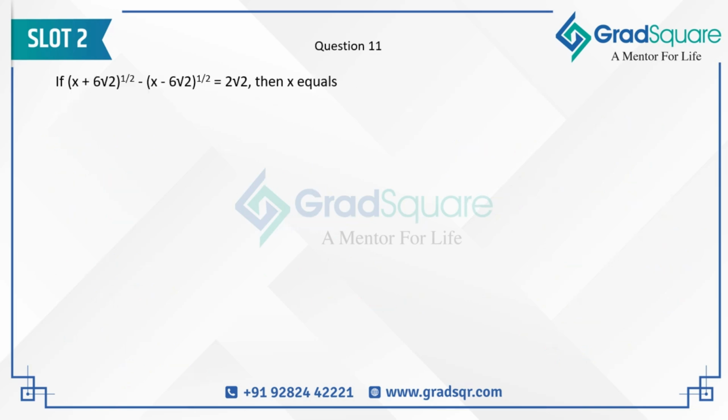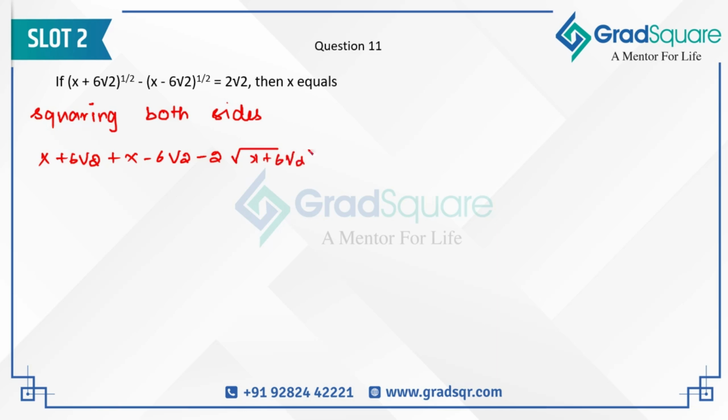Now in this question, we are required to calculate the value of x. So I'm going to simplify the given equation. For that purpose, I'm going to square both sides. So squaring both sides, what do I get? Squaring the left hand side, it will be in the form of a minus b the whole square, which will give me a square plus b square, which is x minus 6 root 2, minus of 2 times a into b, x minus 6 root 2.